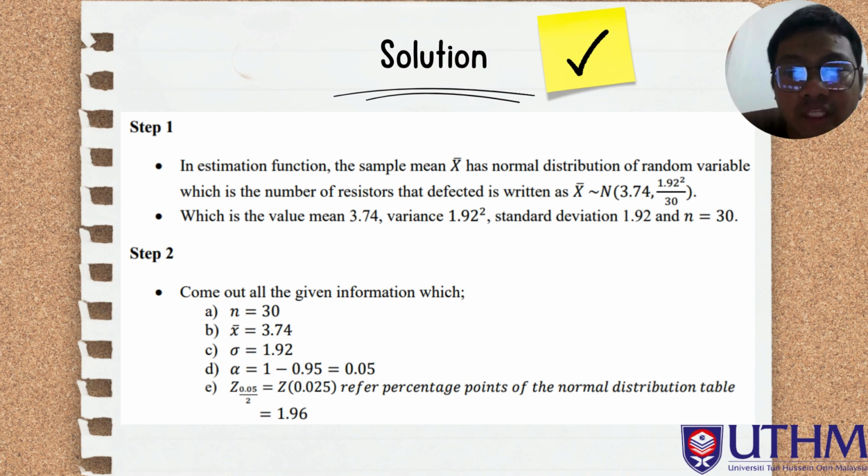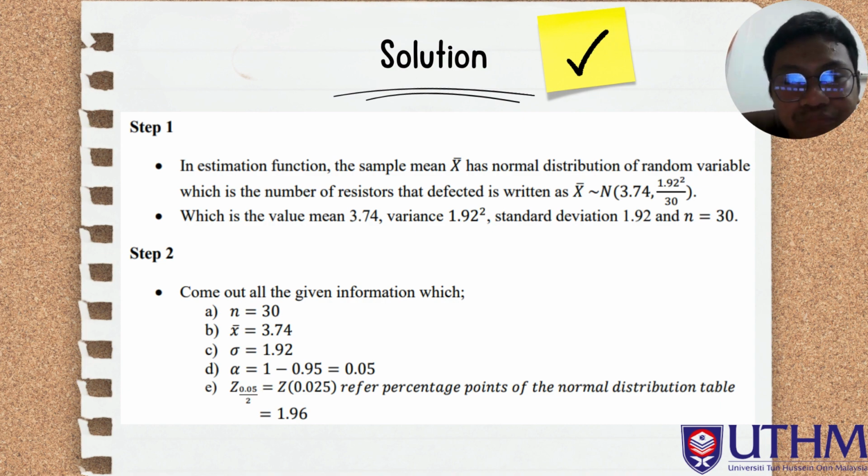Okay, step 2, we need to list all the given information. We know n equals 30, x bar equals 3.74, standard deviation is 1.92, and alpha, which is 1 minus 0.95, so the answer is 0.05.